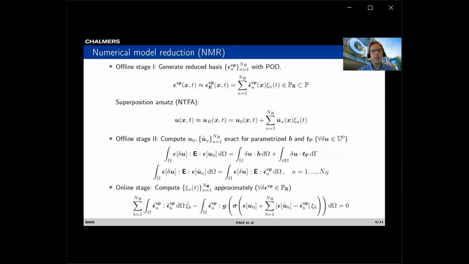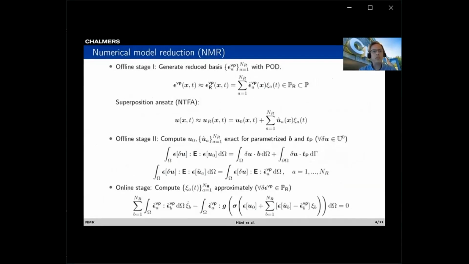So the first step in an offline stage is to generate a POD basis for the viscoplastic strains. Thereby, we can write or expand the approximation as a set of spatial basis functions times temporal coefficients that we ultimately want to solve for.